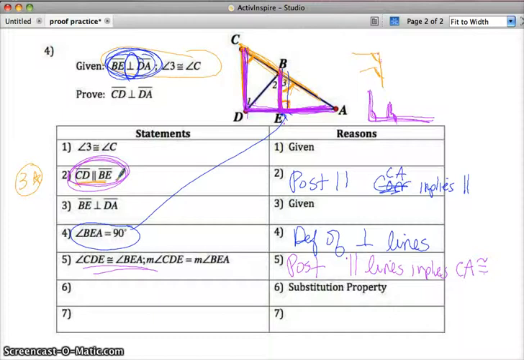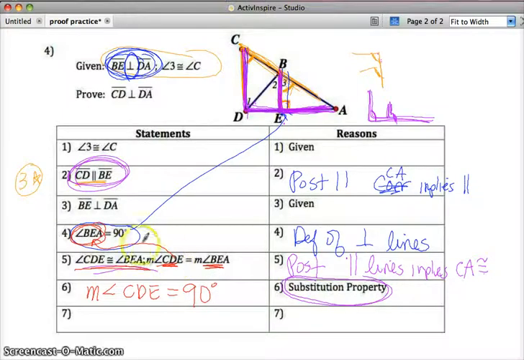Well, if these two are congruent to each other or equal to each other, I'm talking about substitution property right here. I'm looking at these lines and trying to figure out what I'm going to substitute into what. Well, right here I see a BEA, and right here I see the fact that CDE equals BEA. That means I can substitute that in there. So the measure of angle CDE must equal 90 degrees.